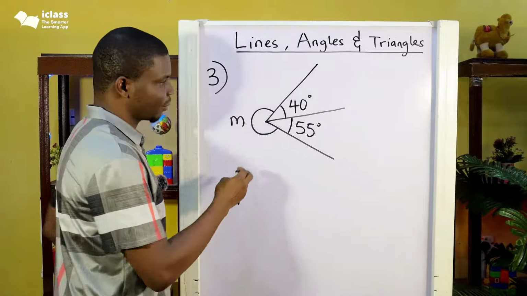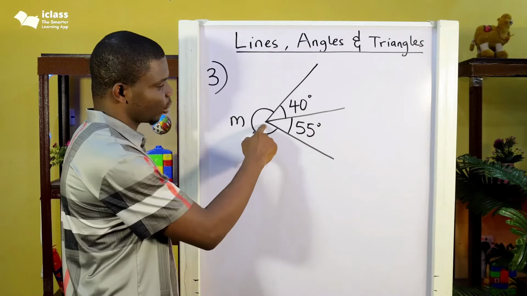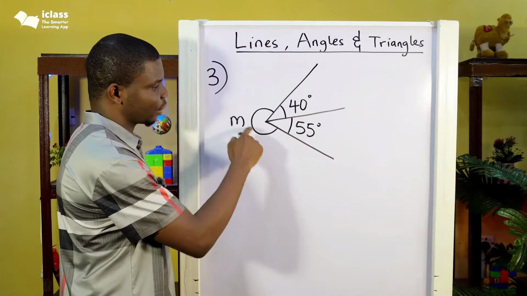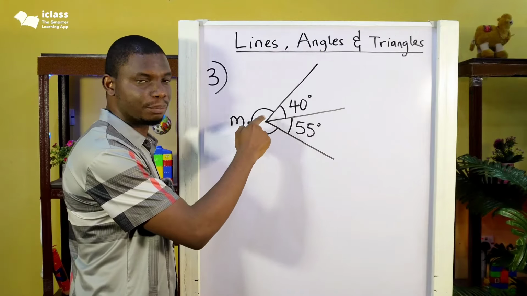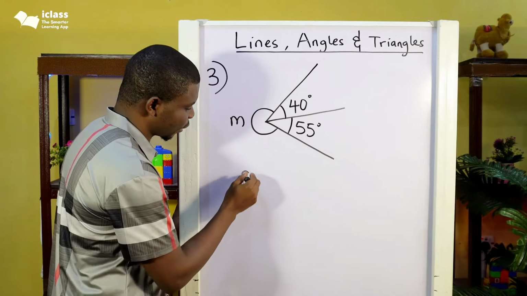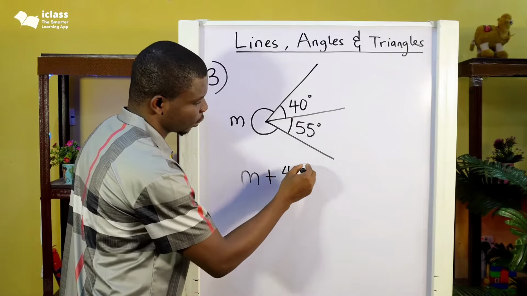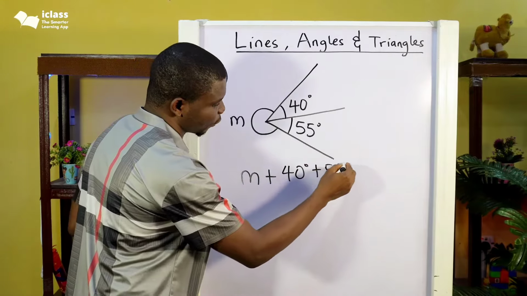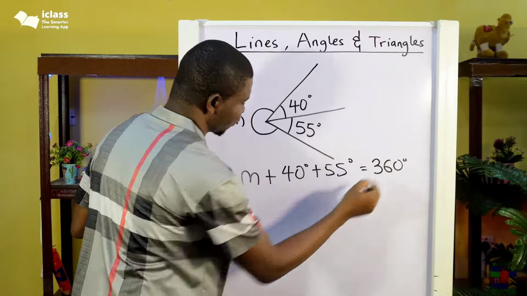Find the value of m in the figure on the board. This is angle at a point, and we have 3 angles at this point. And remember that the sum of angles at a point is equal to 360 degrees. So that means if I add m, 40 and 55, I should get 360 degrees, right?